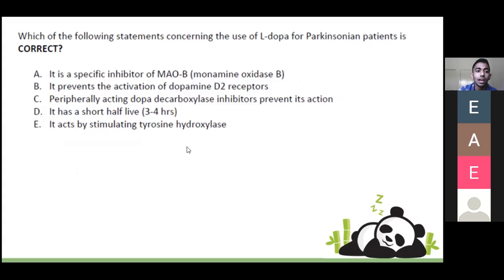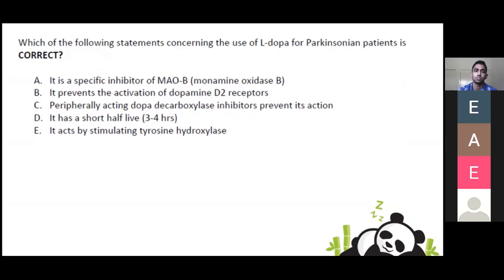I can't remember them. But which of the following statements is correct about levodopa for Parkinson's patients? So what do we reckon? Is it A, B, C, D, or E? So people are getting a couple different answers here.